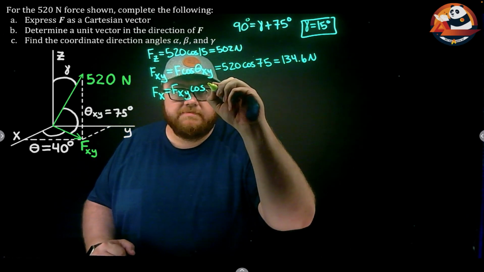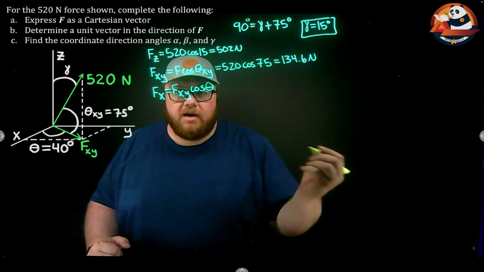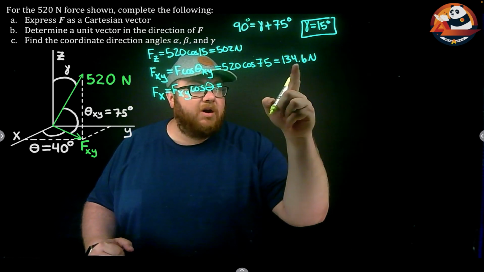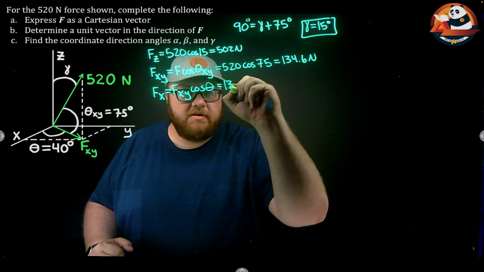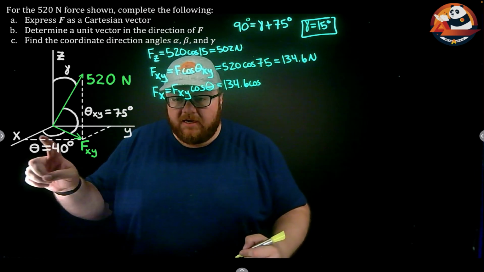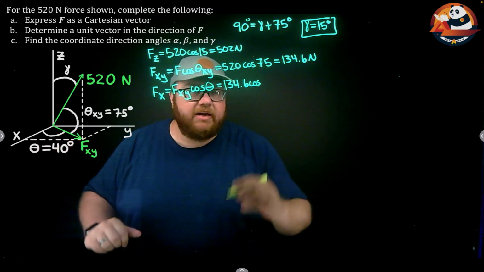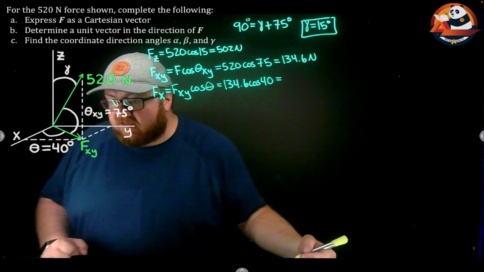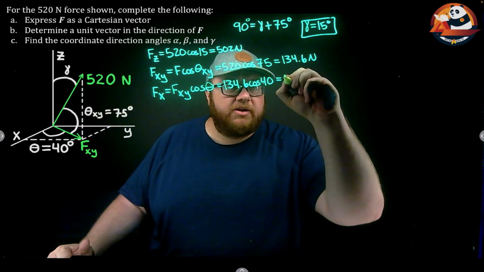Or this is going to get us Fx is Fxy, 134.6, times the cosine, because it's adjacent to Fxy, cosine of 40. So Fx works out to be 103.1 newtons.